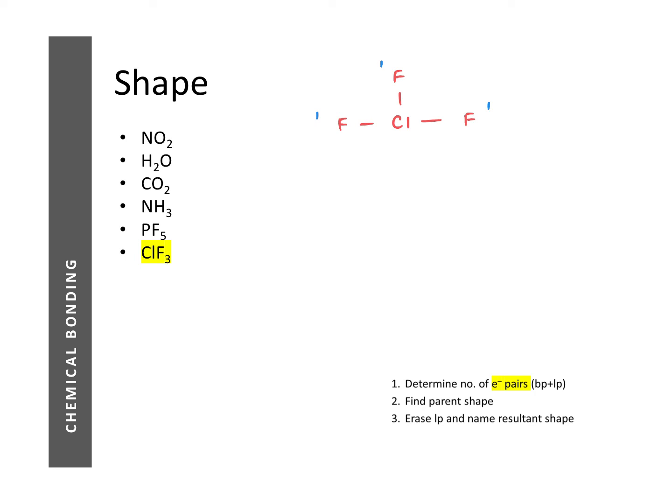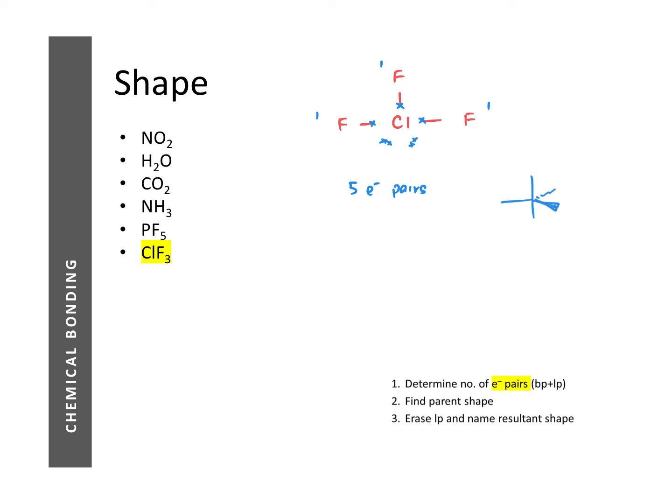And once again, we will just focus on the central atom, which is chlorine. So chlorine has already shared 3 electrons. It has 7 valence electrons, which means that it has 2 more pairs of electrons. So if we look at chlorine trifluoride, there are actually 5 electron pairs. With 5 electron pairs, the parent shape is your trigonal bipyramidal.